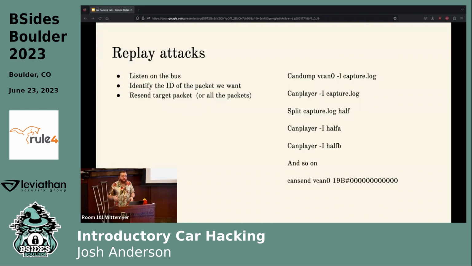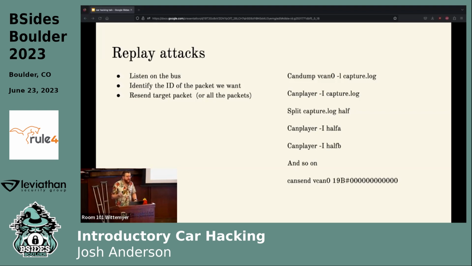Now from there, you can look up the spec to see if you can find the arbitration ID of the door unlock ECU, or you can split the whole log in half and retransmit those two halves to see which side the frame you're looking for is on.